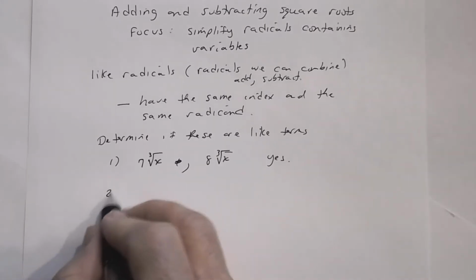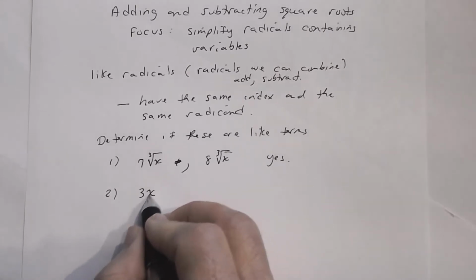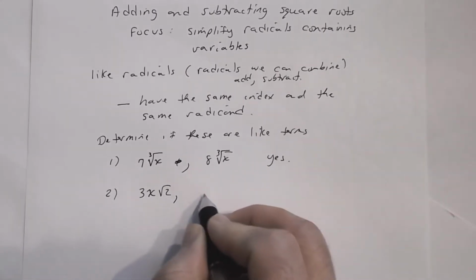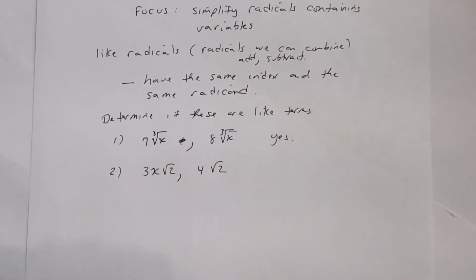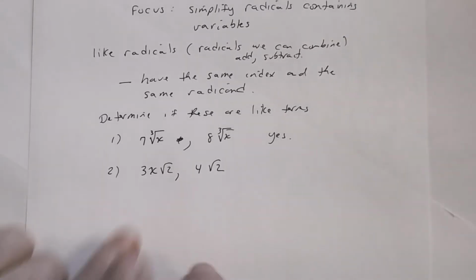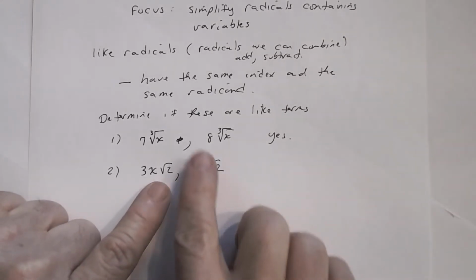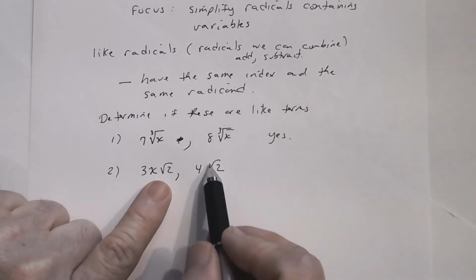Number 2, what if you had 3x square root of 2, comma, 4 square root of 2? Are those like terms? Now, that may confuse some of you. You may say, well, according to what you just said, they have to have the same index. That's true.